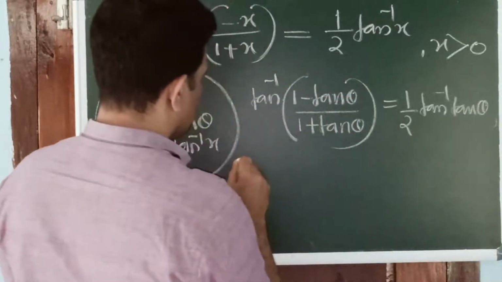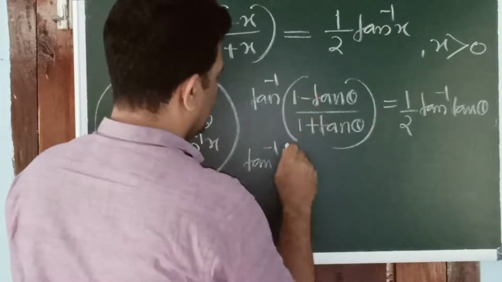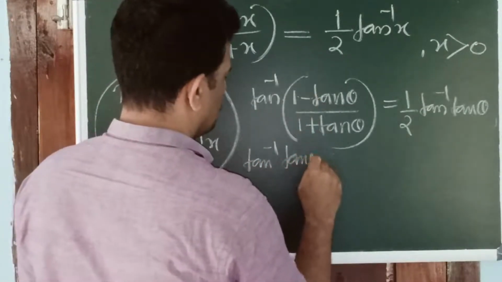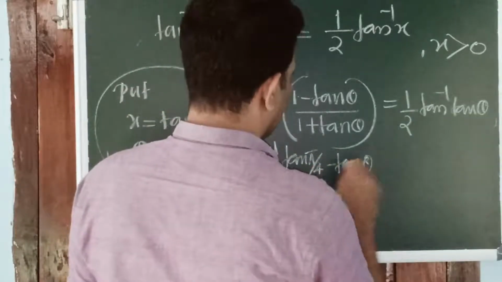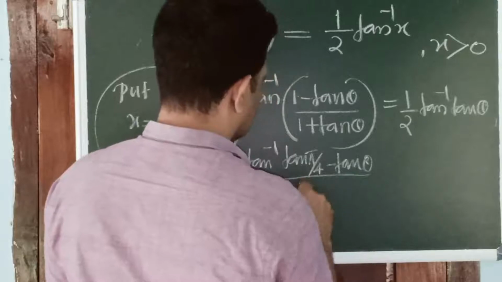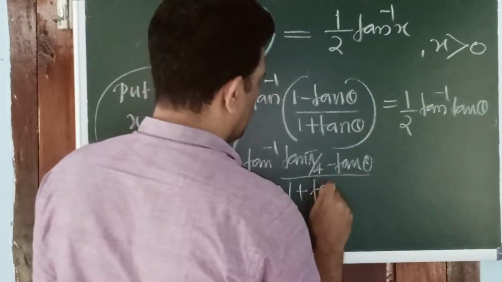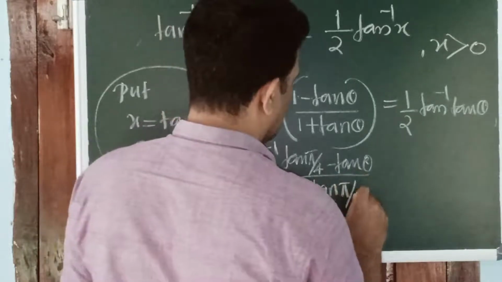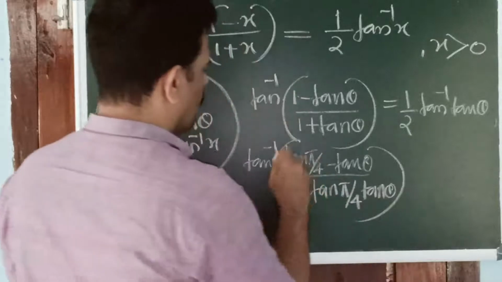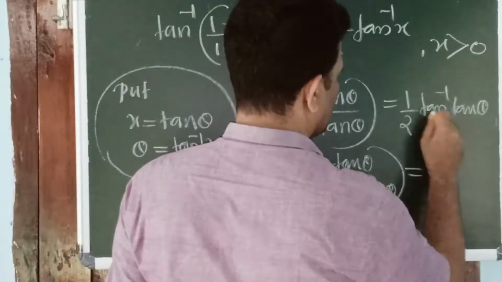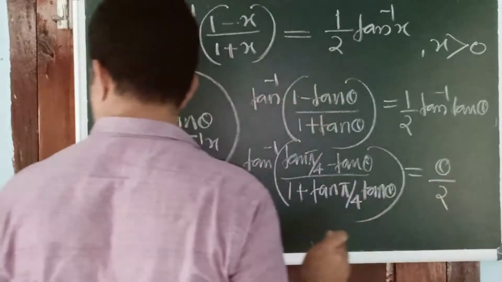Therefore, we can write 1 as tan pi by 4, so the numerator is tan pi by 4 minus tan theta, and the denominator is 1 plus tan pi by 4 into tan theta, because tan pi by 4 is equal to 1. Tan inverse tan theta is theta, therefore it is theta by 2.